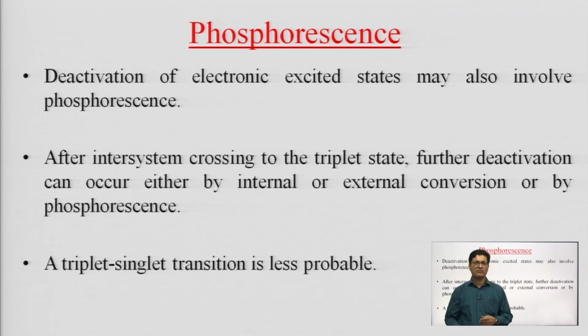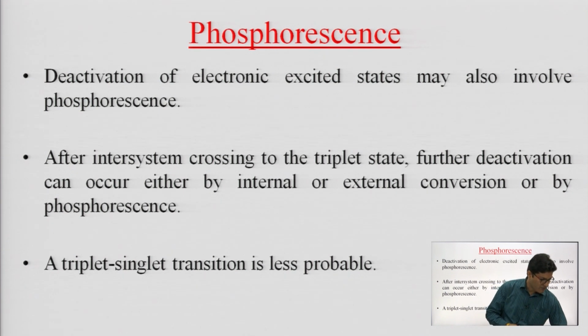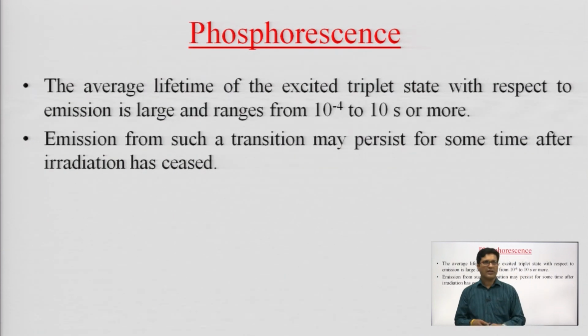It has to come down to the ground state by either vibrational relaxations, external conversions, or phosphorescence processes. The lifetime of phosphorescence is even longer, ranging from 10 to the power minus 4 to 10 seconds or even more.